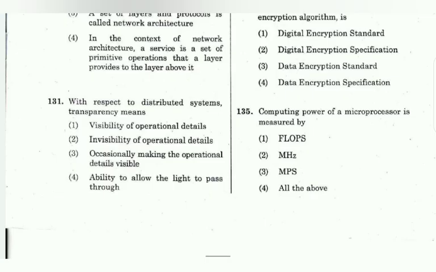FLOPS, full form floating point operations per second, measures performance in scientific calculations. Whereas megahertz refers to clock speed of a processor, and MIPS, that is million instructions per second, measures how many instructions a processor can execute per second. So all of the above is the correct answer.